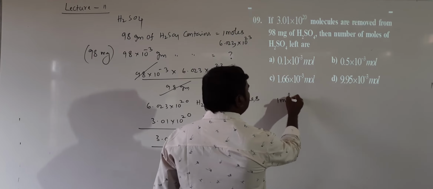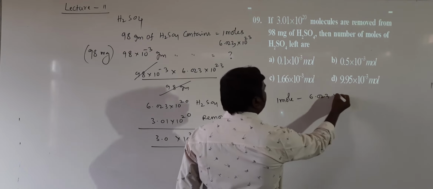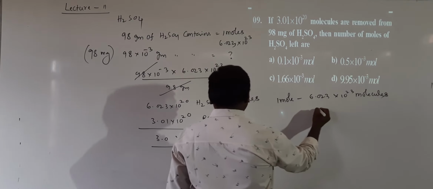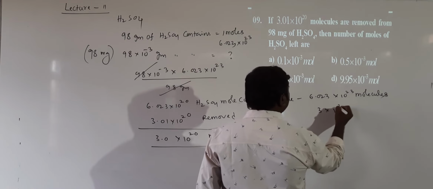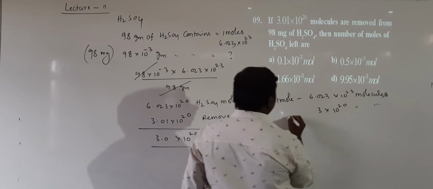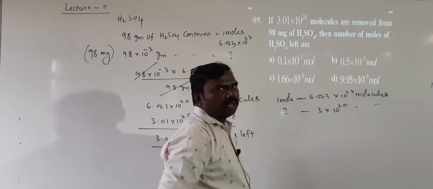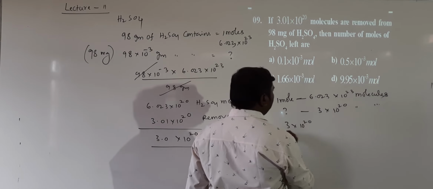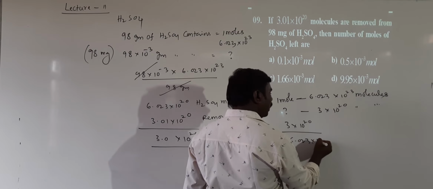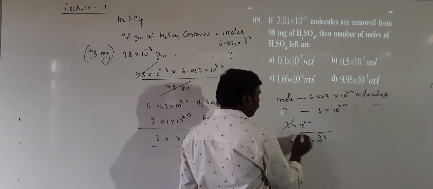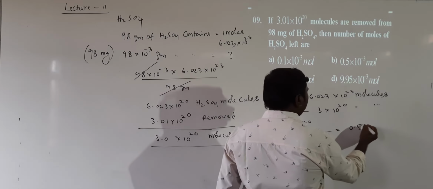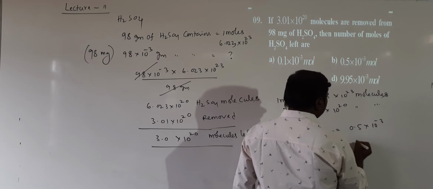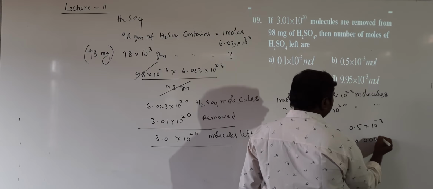1 mole equal to 6.023 into 10 to the power of 23 molecules. So, 3 into 10 to the power of 20 molecules are equal to how many moles? Convert the number of molecules into moles. So, 3 into 10 to the power of 20 by 6.023 into 10 to the power of 23. So, it becomes 1 by 2, means 0.5 into 10 to the power of minus 3.